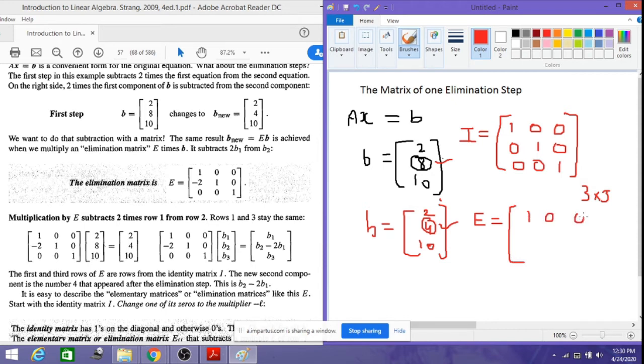I'll keep all other components or the coefficients of this matrix as they are, but I'm going to change only that component where I want a multiplier. So in this case the multiplier is -2.